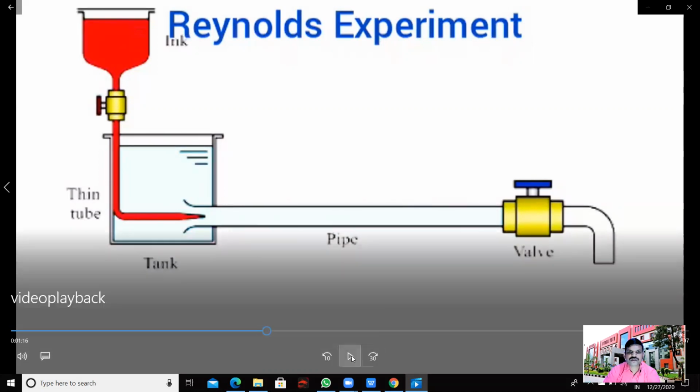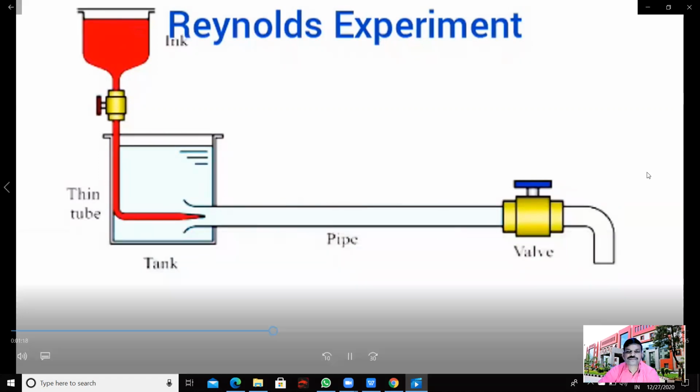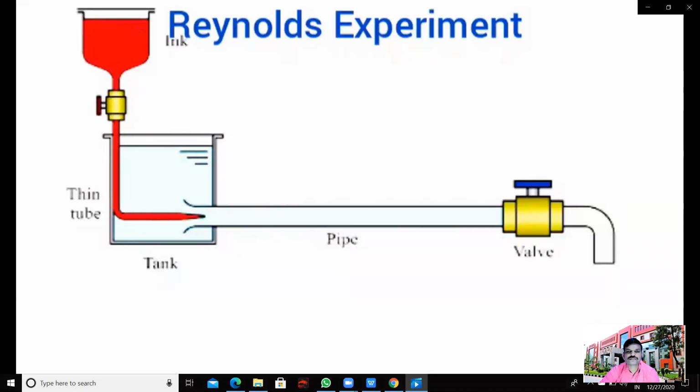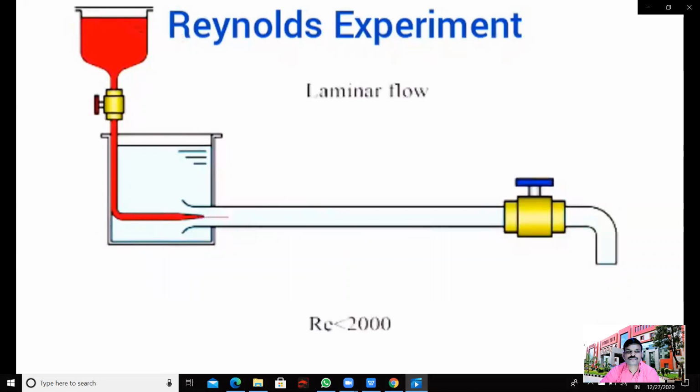In the experiment, the water from the water tank is allowed to flow through the glass tube. The flow velocity is varied by operating the regulating valve. At the same time, liquid dye having the same specific weight as that of water is introduced into the glass tube.